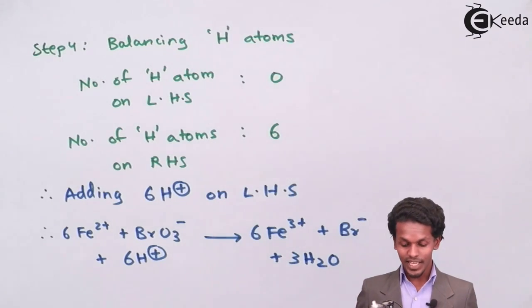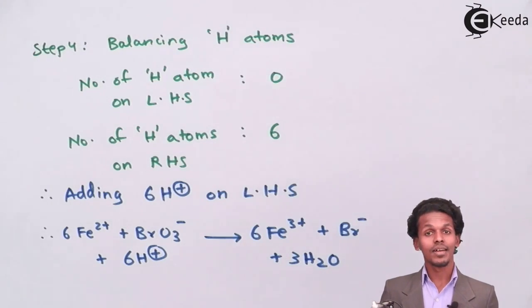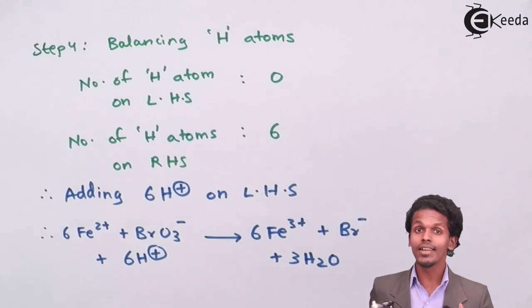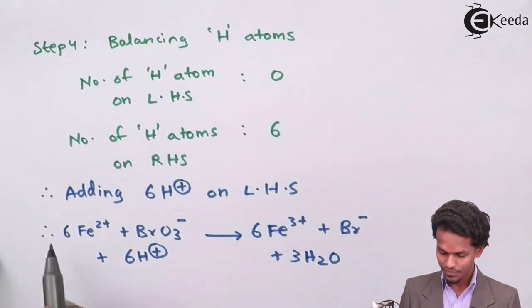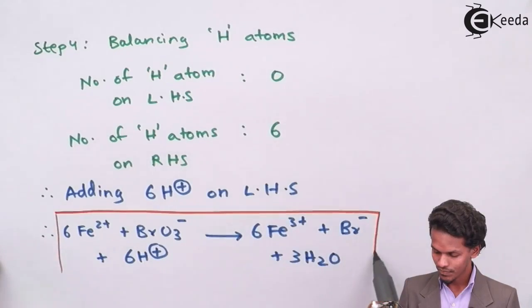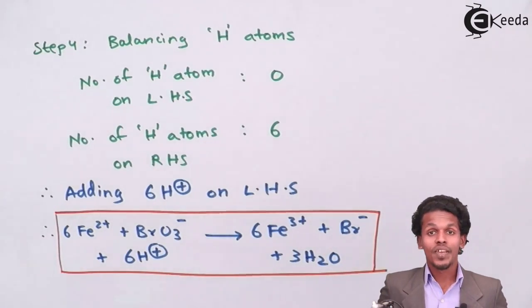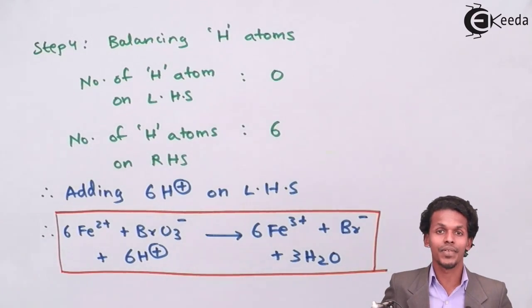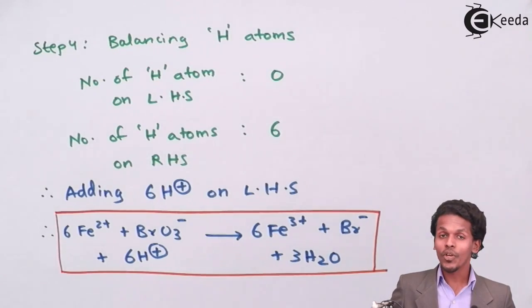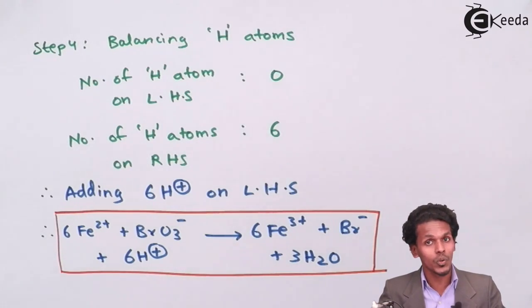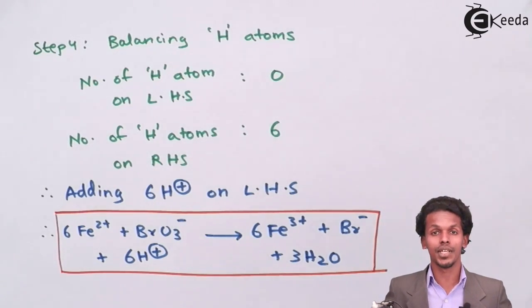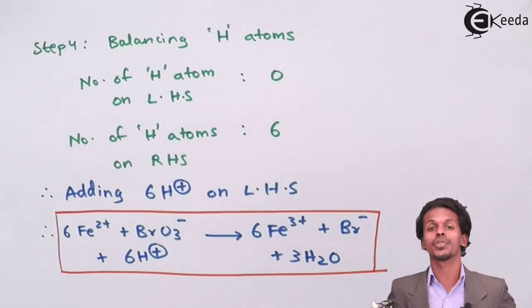So this is the equation that we have got after balancing in acidic medium. It was very simple and not as tedious as the previous two. So I hope you have got an idea how to solve this kind of problem, from unbalanced equation to balanced equation.